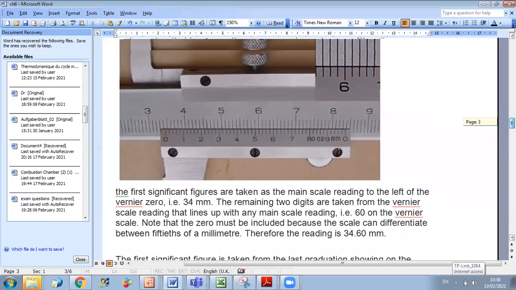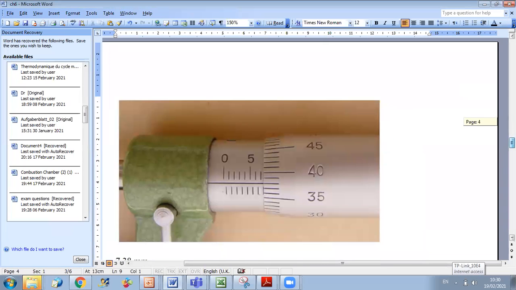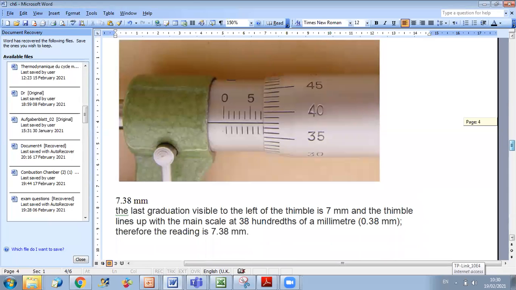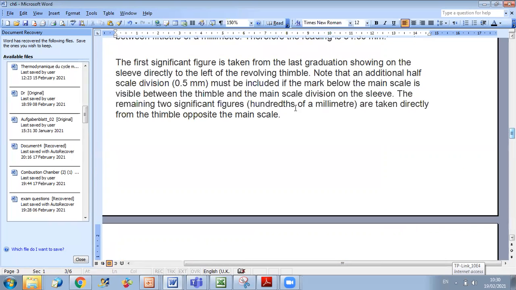Now, for the rotary vernier scale, what is the idea here? Here, the first significant figure is taken from the last graduation, showing on the sleeve directly to the left of the revolving symbol.